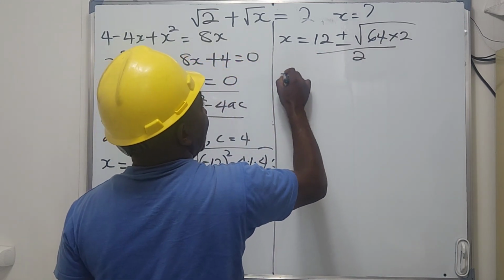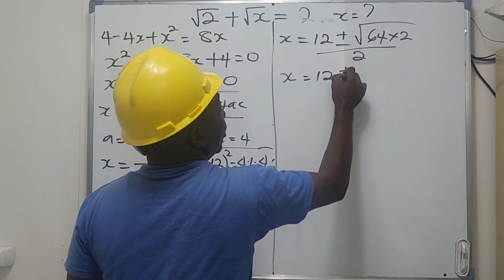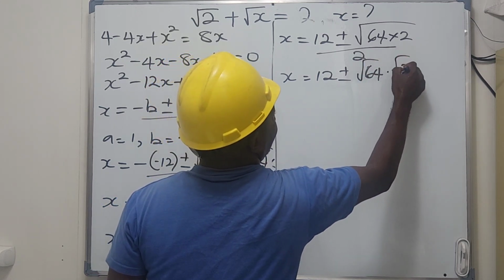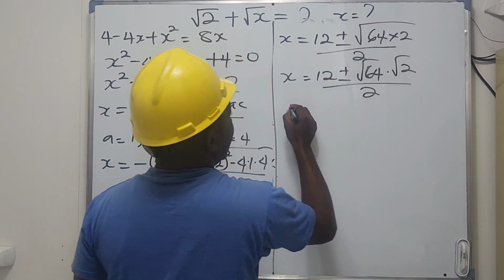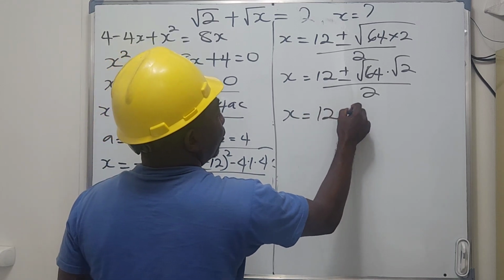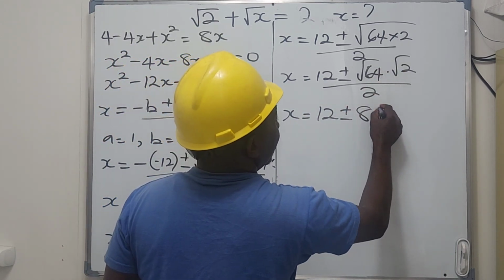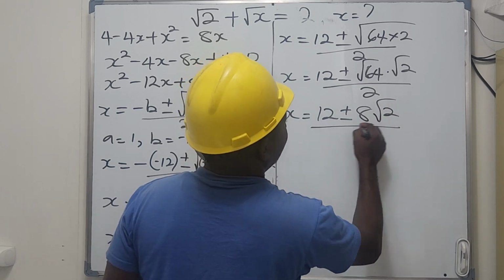This is the same thing as x equals 12 plus or minus root 64 times root 2 all over 2. Root 64 is the same thing as 8. So we have here root 2 all over 2.